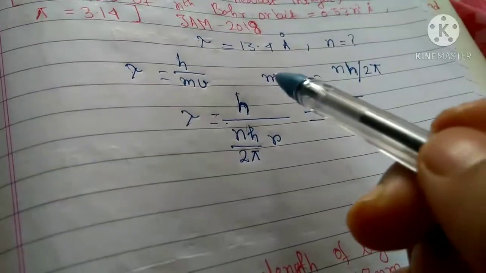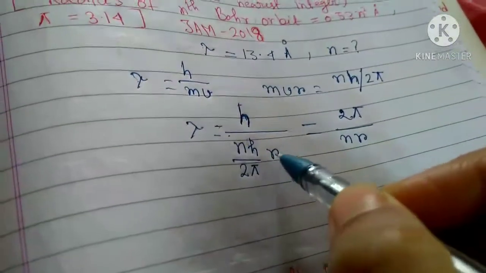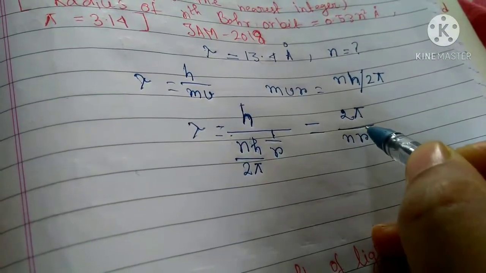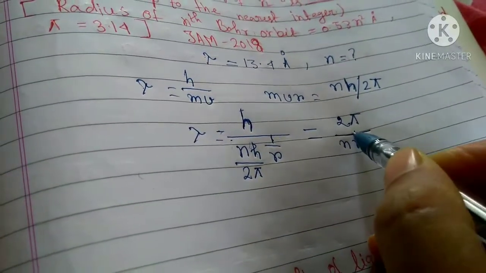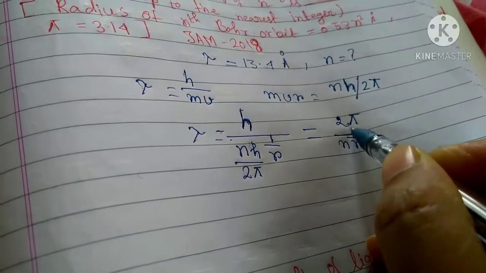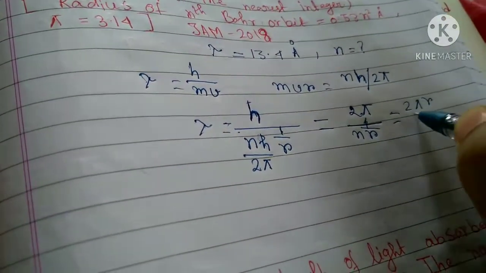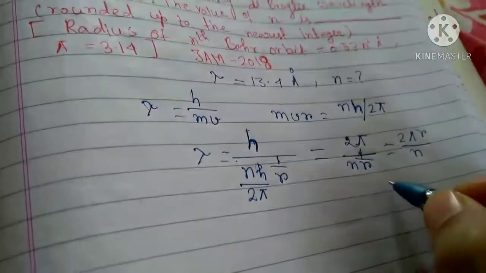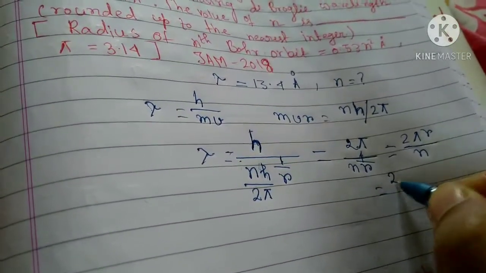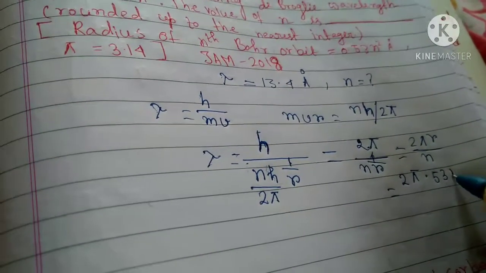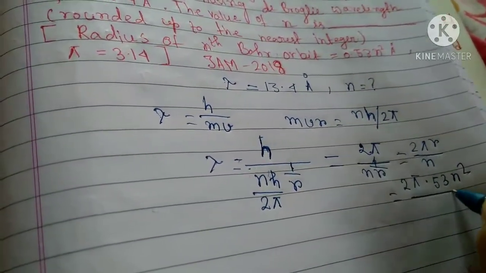Oh sorry, mv is equal to nh by 2 pi into 1 by r. Okay, this is 1 by r. Now it means 2 pi r by n. Here 2 pi r is given by 0.53 into n square by n.